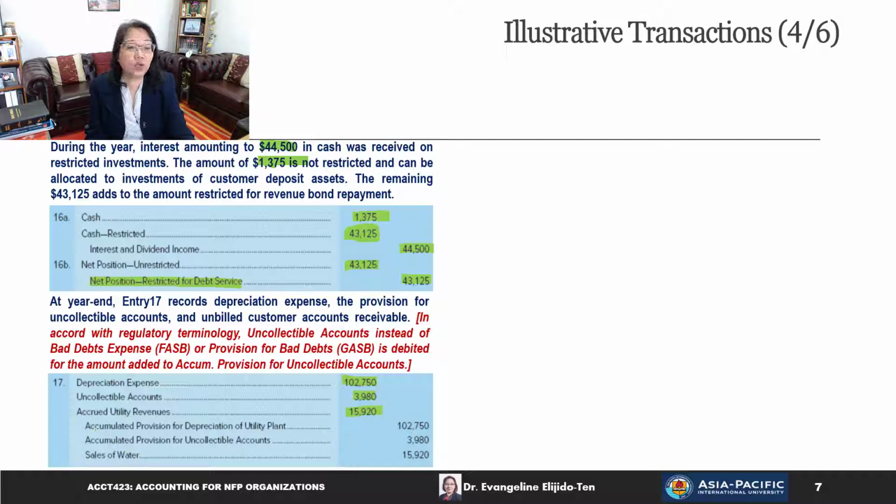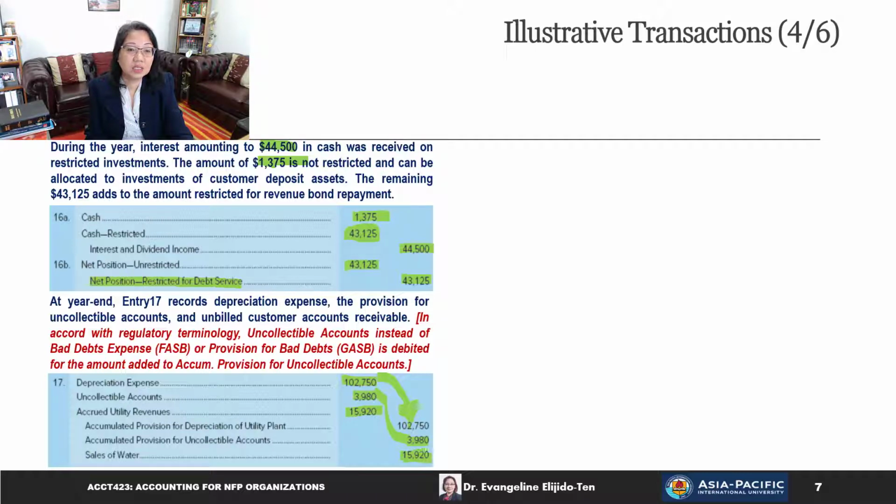The credit would be to the contra account, accumulated provision for depreciation of utility plant for that amount, 102,750. Credit accumulated provision for uncollectible accounts for that 3,980.